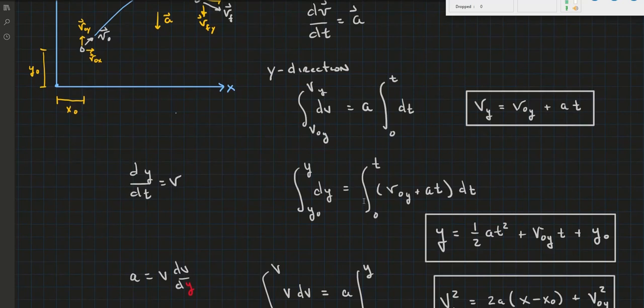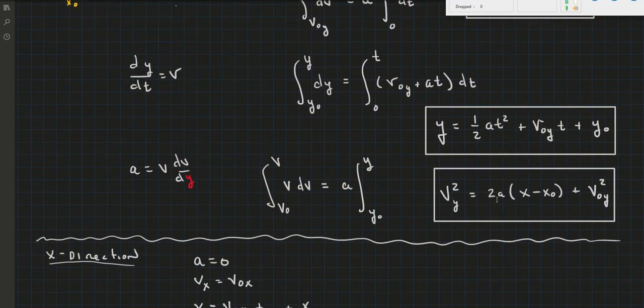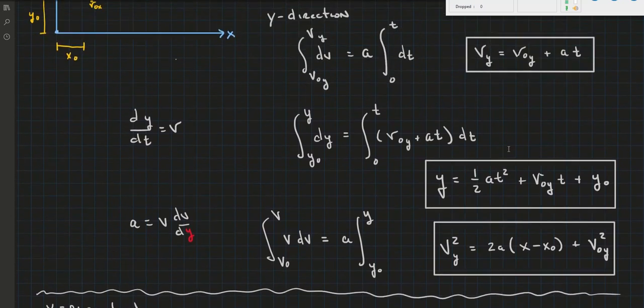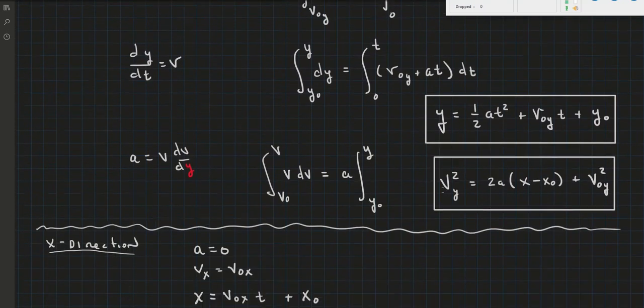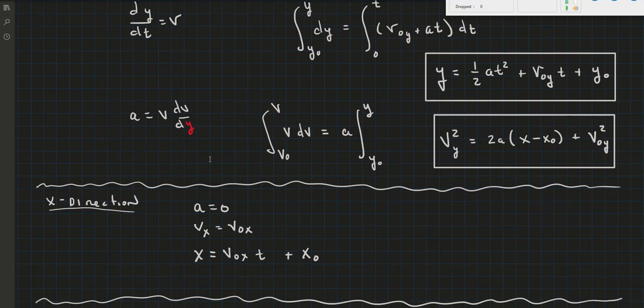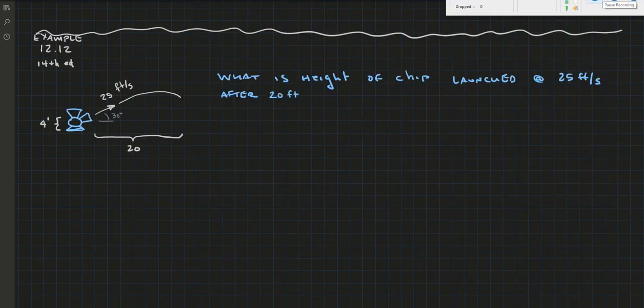And the way you'll solve these problems, you're going to have certain values in these equations that are given, often as initial conditions, and you'll just solve for whatever you need based on those. So here's an example problem we want to solve. What is the height of the chip launched out of this wood chipper after it is headed 20 feet, if it's launched at 25 feet per second? So let's use the method we just described above to solve this problem. So here we have an initial displacement of 4 feet in the y direction.